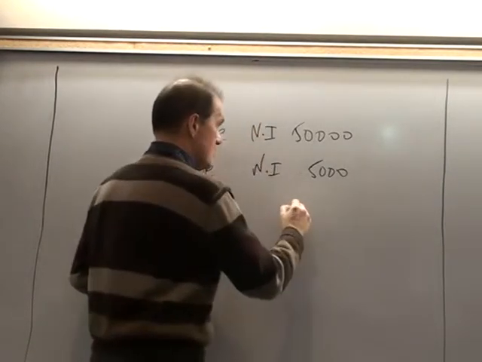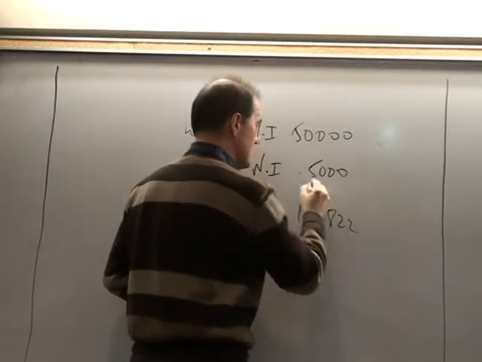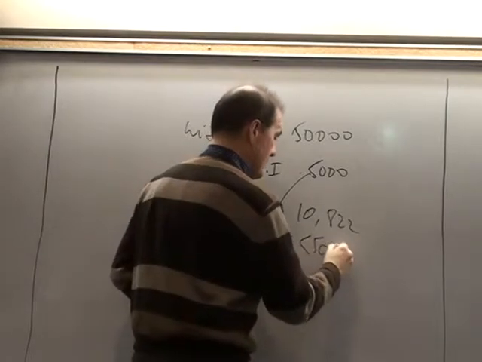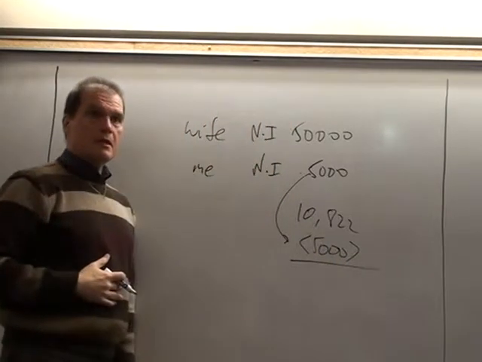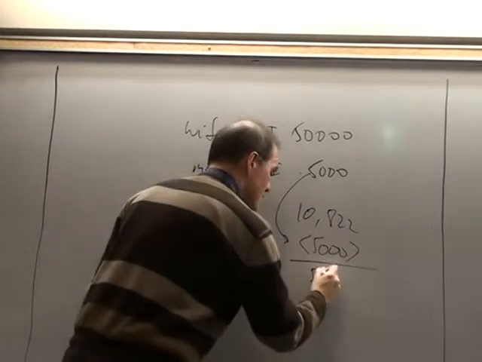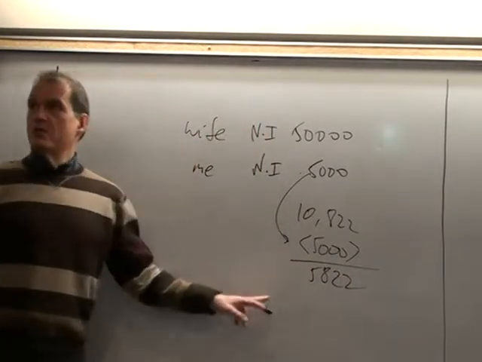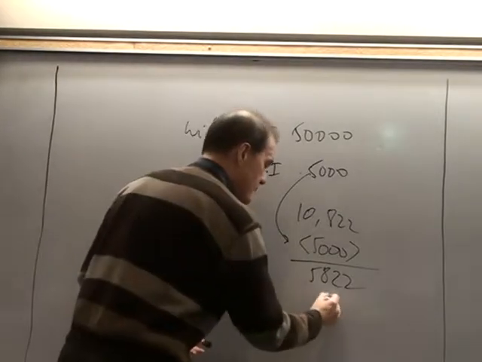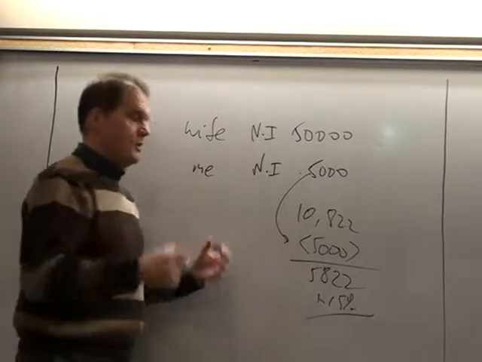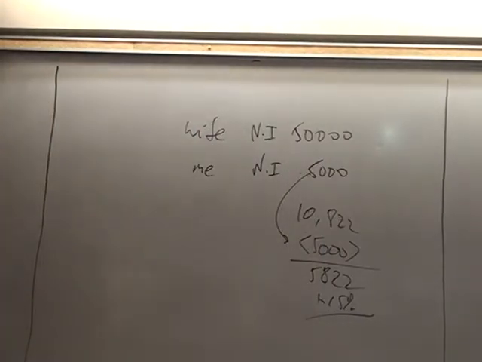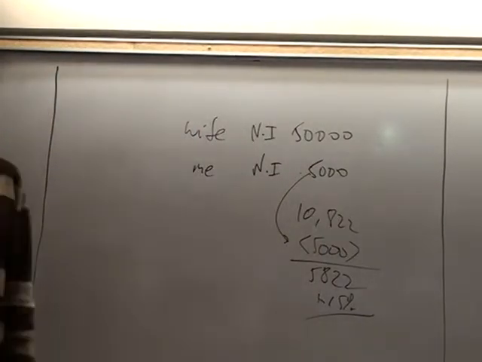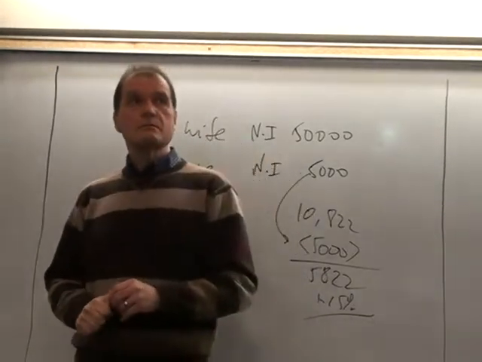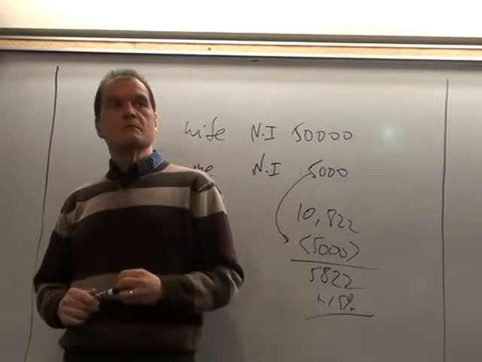She claims 10,822 minus my net income, gives us 5,822, and her actual credit is times 15%. Whatever that is, it's probably around $800 or something, give or take. But that's only in instances when it's less than 10,822.